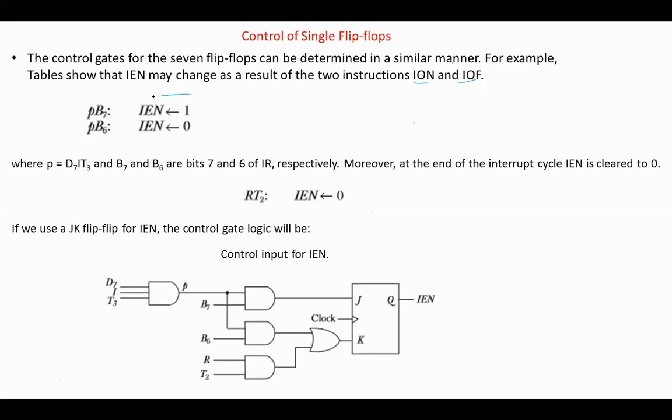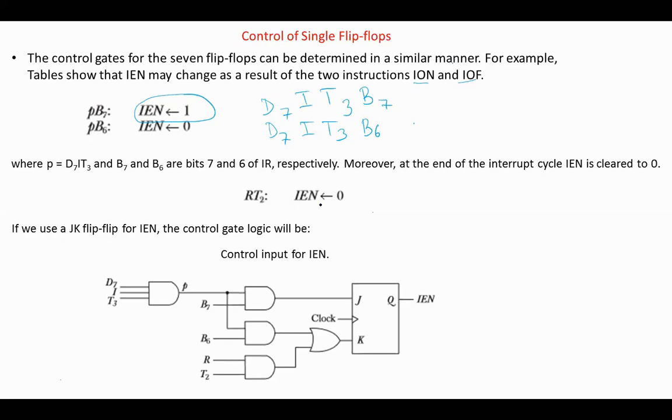The control function for setting the interrupt flag is D7 I T3 and B7. And for clearing the interrupt enable, D7 I T3 and B6.